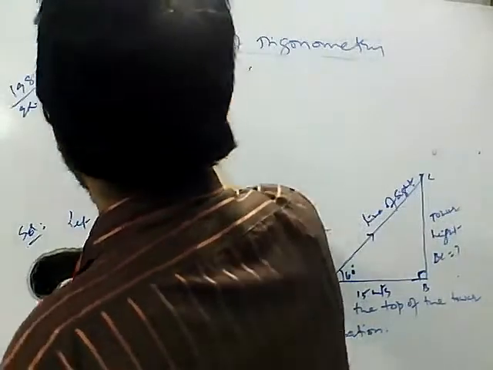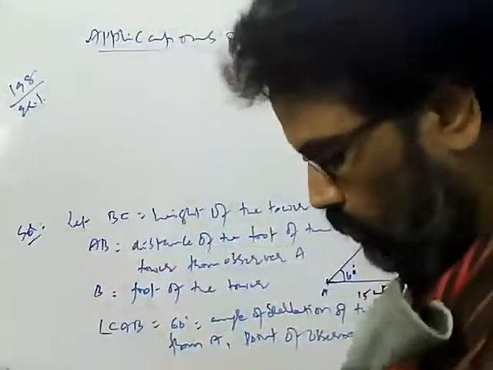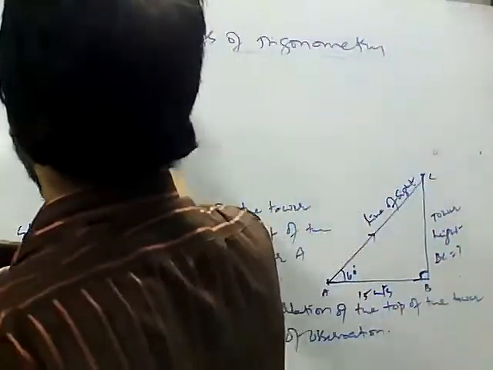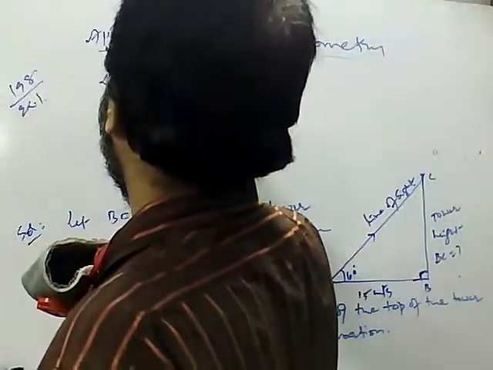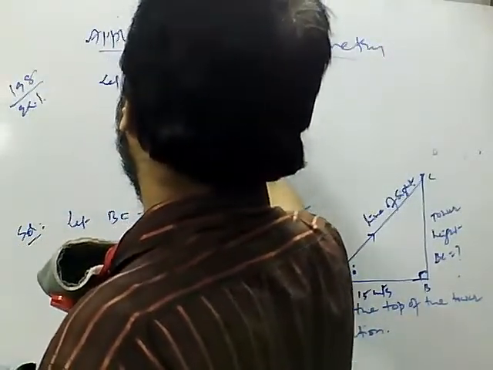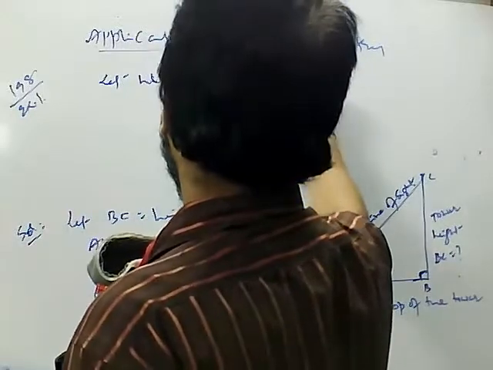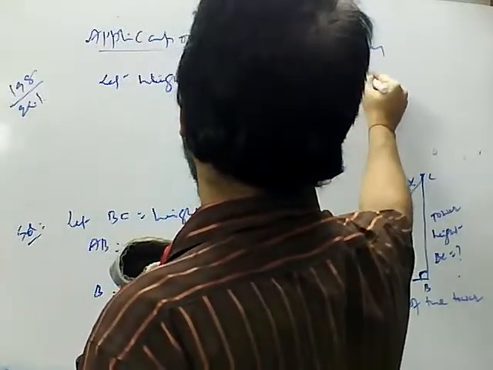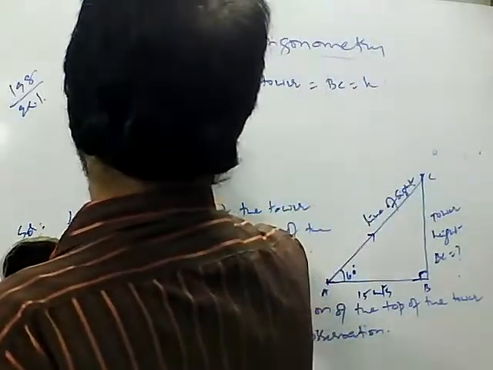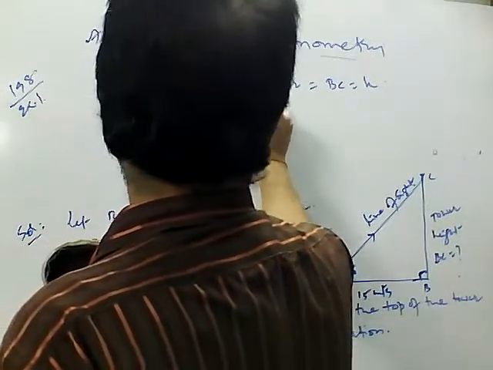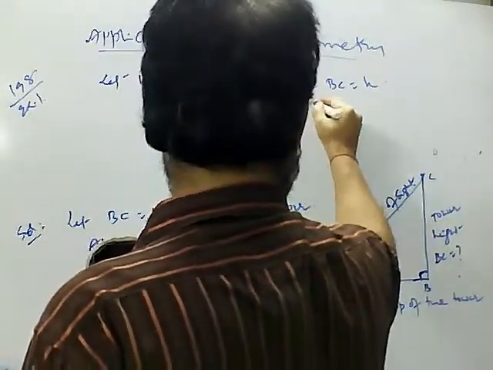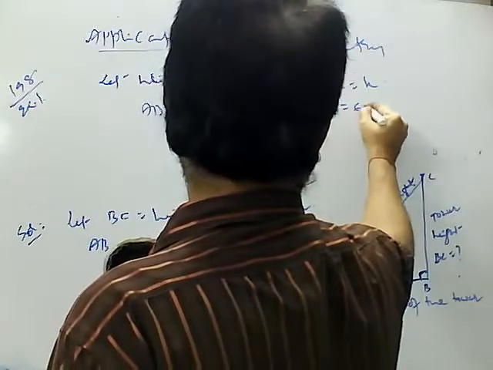So the height of the tower you can take as h. Let the height of the tower BC be equal to h. AB is equal to x, which is 15 meters. Angle CAB is equal to 60 degrees.